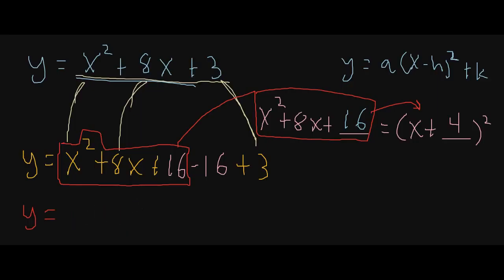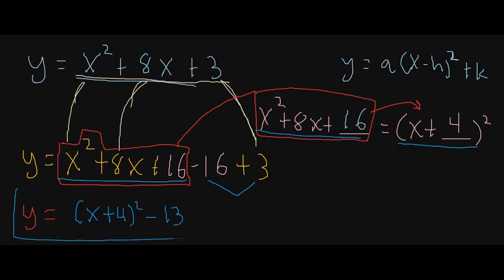I hope you can see that we have (x plus 4) squared, because x squared plus 8x plus 16 is equal to (x plus 4) squared. And last but not least, we just need to simplify this. What's negative 16 plus 3? You could do that on your calculator, or 16 negatives, 3 positives, we're going to get minus 13. And this is going to be my final equation here.